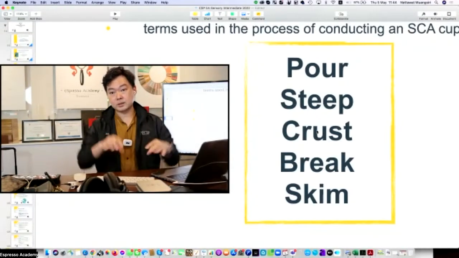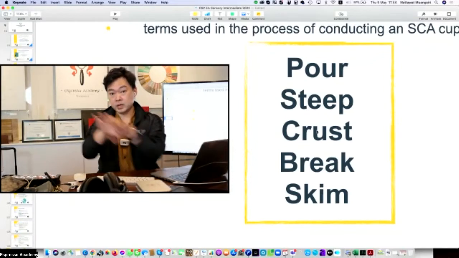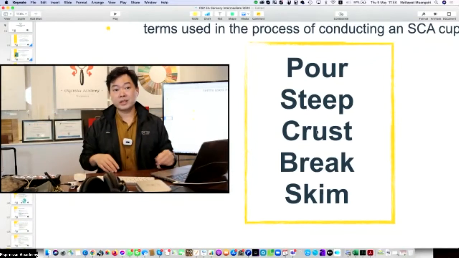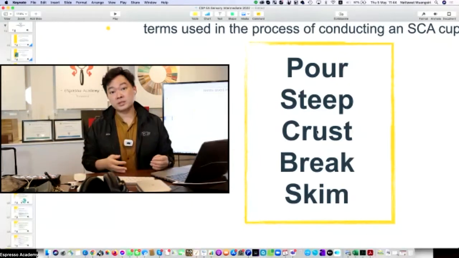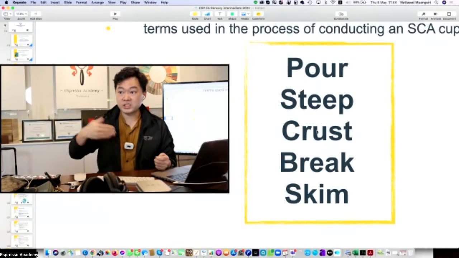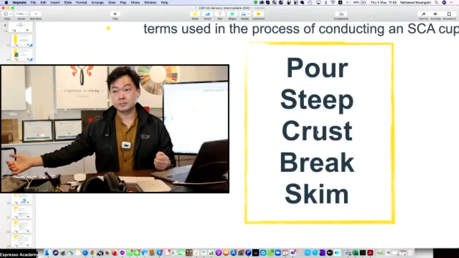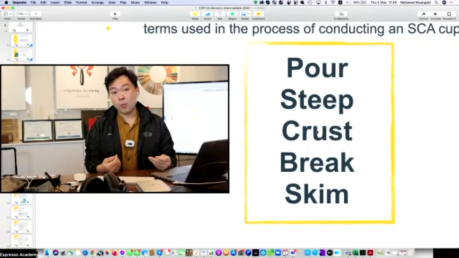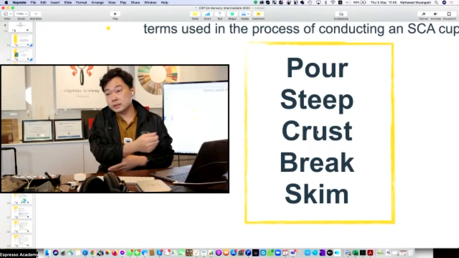That's 6 sets per table. So it will be 12 sets. If there are 12 sets, we have 12 people or 10 people. Everybody gets to do the breaking: pour, steep, crush, break, and skim. That is why I want everybody to be able to do this.